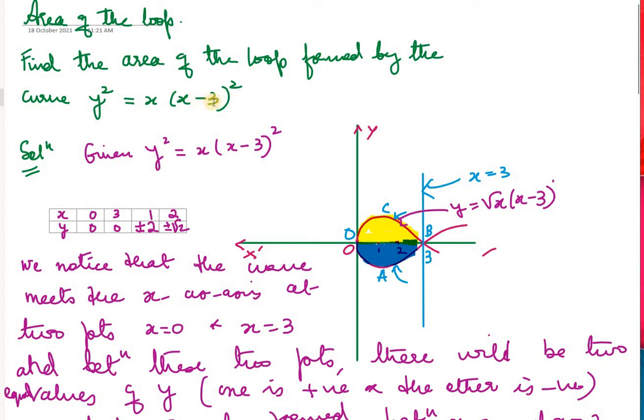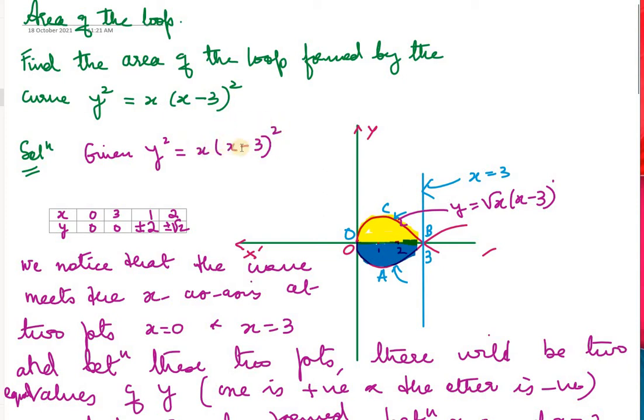Okay, and then when x is greater than 3, you'll see that it keeps on increasing to infinity, and then downward to minus infinity. And on the left side also, there will be no part of the curve to the left of the y-axis. Why? Because when x is negative, then x will be minus here.